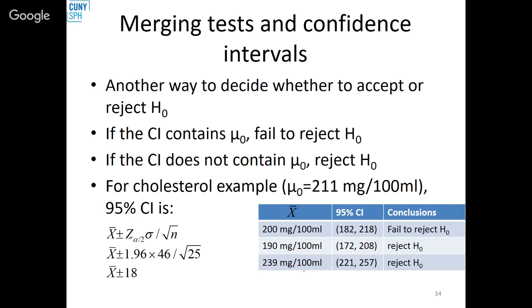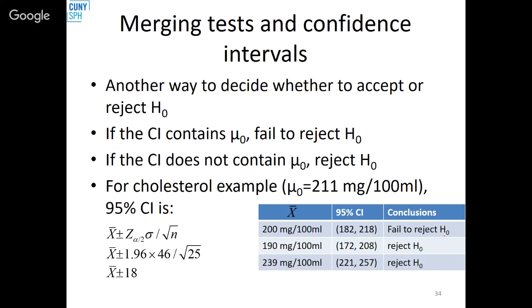So in that cholesterol example, if we had built up a confidence interval for this sample, the standard error was 46 over the square root of 25, multiplied by 1.96, so it is the sample mean plus or minus 18. So with 200, the 95% confidence interval is 182 to 218, which contains 211, so that's okay with the null hypothesis.